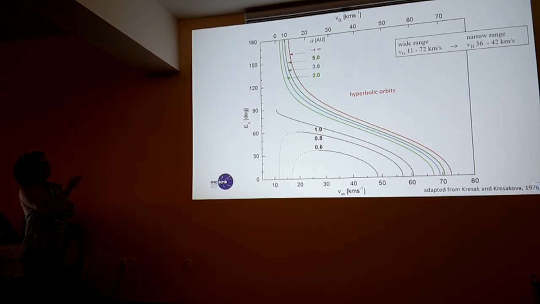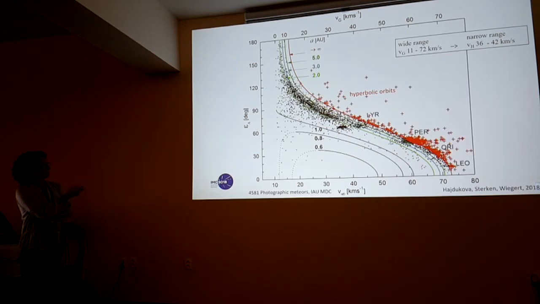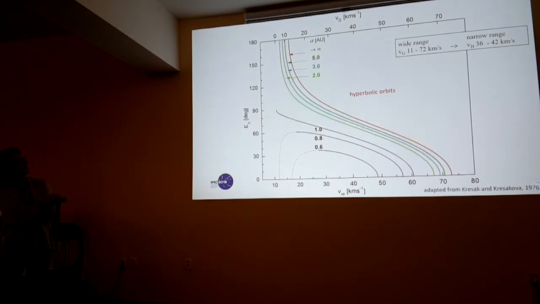Here, these green orbits represent orbits for 2, 3, 5 AU, and for infinity, it means the parabolic limit. This part is the radiant for hyperbolic orbits.